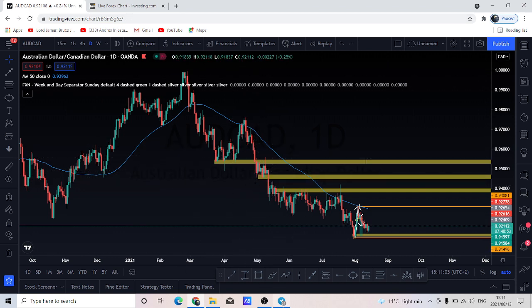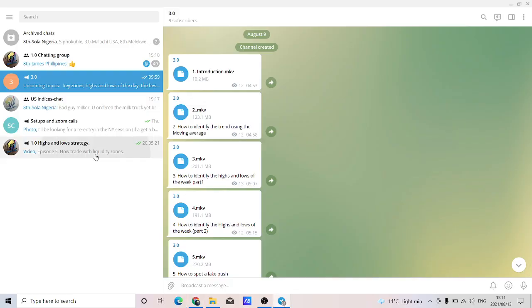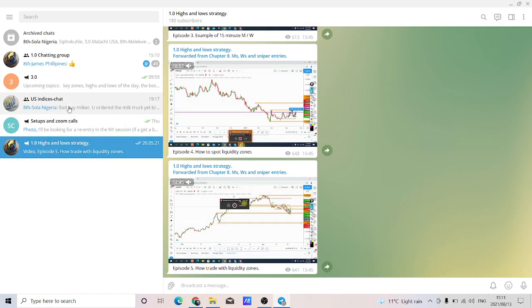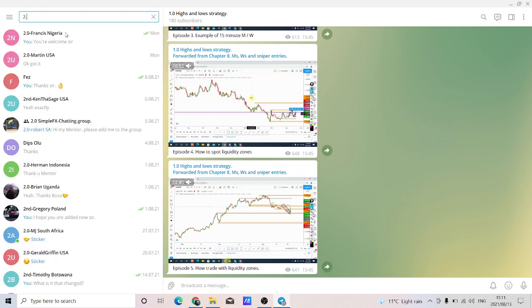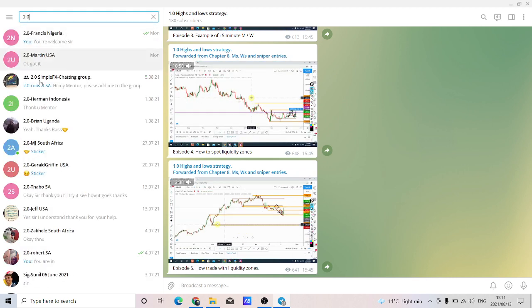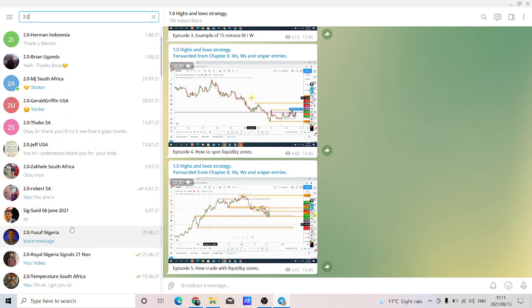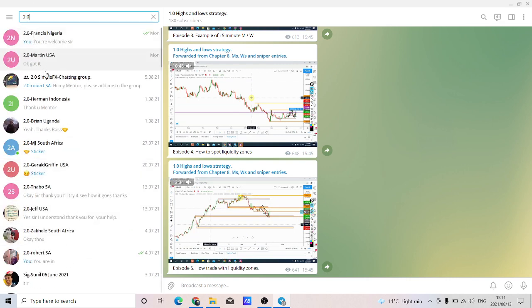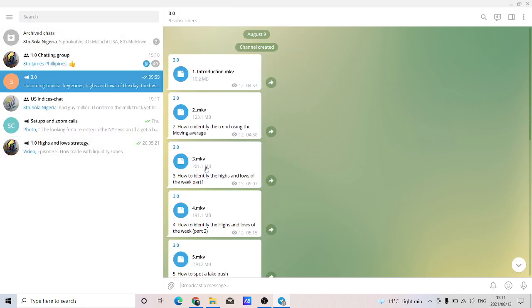There's an old one, which was the 1.0, which is this one here. And then there is also a 2.0. Where's the 2.0? I think it's supposed to be here. Yeah. So the 3.0 is just a combination of those two.